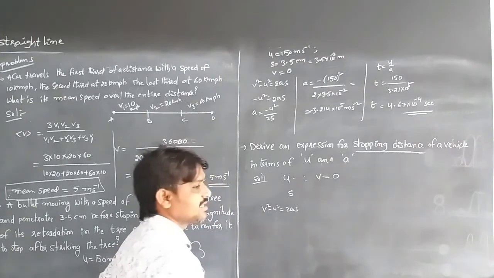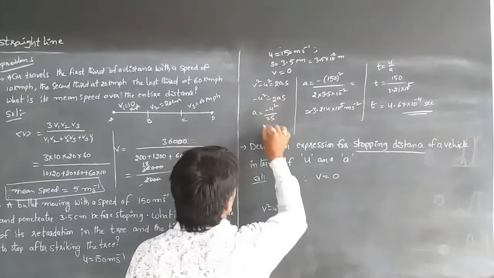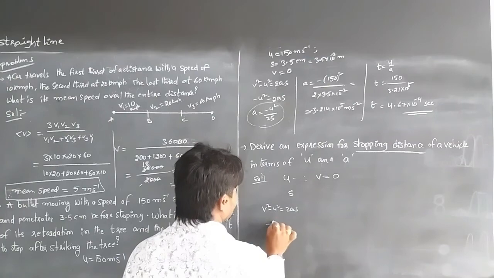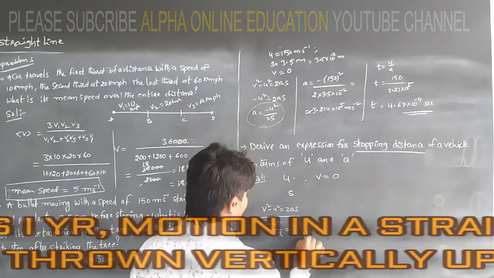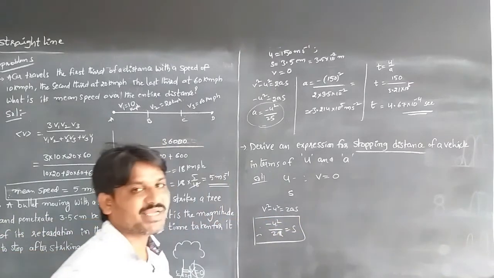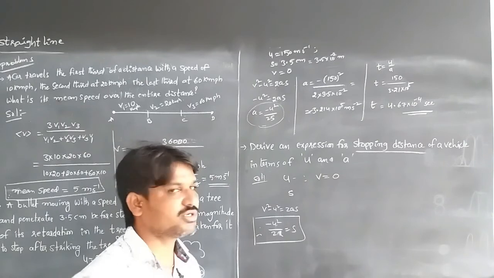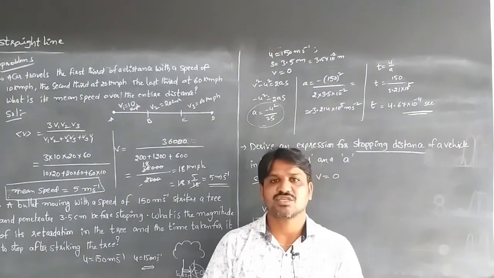Here the negative symbol indicates retardation, which we have already discussed. So s is equal to minus u square by 2a. This is the formula for stopping distance. This is about the important problems in motion in a straight line.